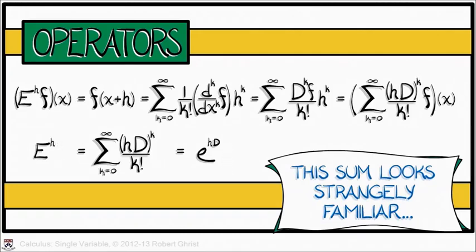If we remove the dependence on f, then what we see is that this shift operator, capital E to the h, is precisely the exponentiation of h times the differentiation operator.